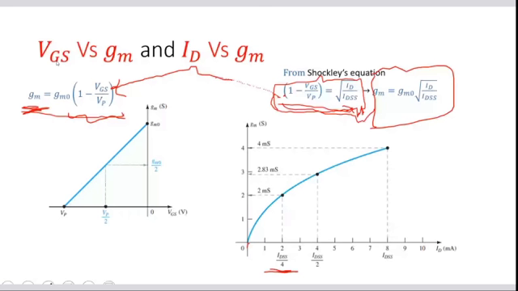That is the saturation current, drain to source saturation current. That's why this curve stops here. Fine. And it should be noted that the unit of GM, the transconductance, is S, meaning Siemens. Okay, fine.